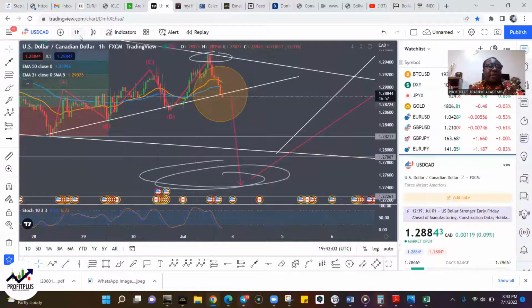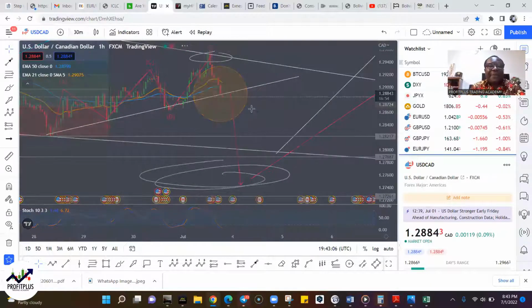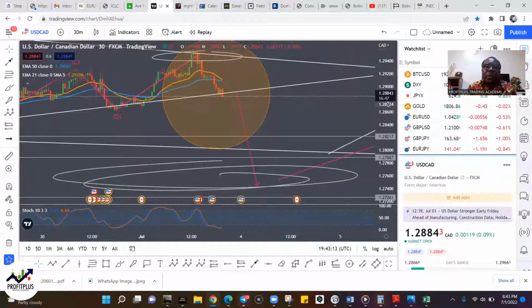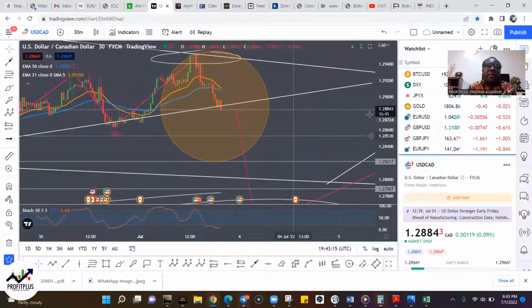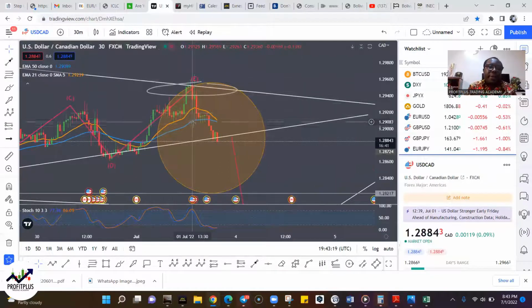All right, so you can scale down again to a 30 minutes time frame to see some structure. You can see something. Price made an impulse here, this is a correction, and then it's making another impulse.